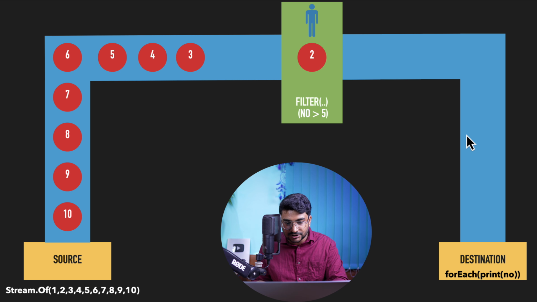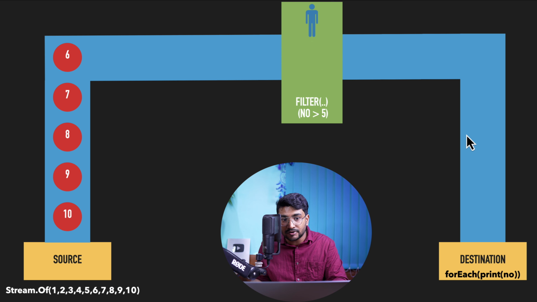Like that, let's say the next number is 2. It will again come to the filter. If it doesn't satisfy the criteria, it will go out of the stream pipeline. Like that, each number in the pipeline will come one by one to the filter, the condition will be checked, and in case it doesn't match, it will be thrown out of the pipeline.